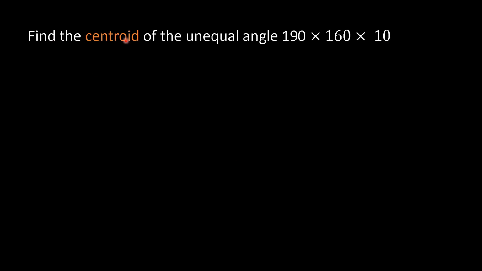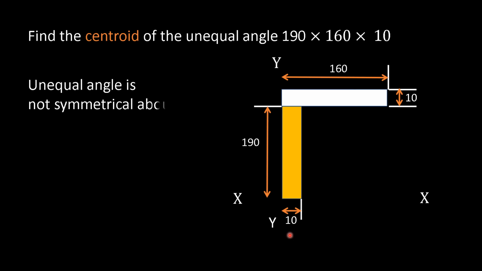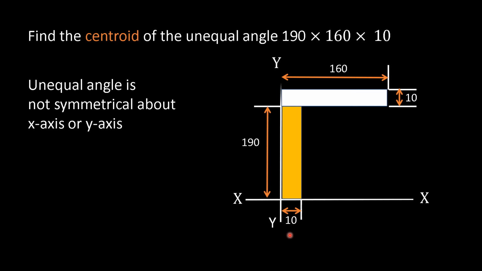Find the centroid of the unequal angle 190 by 160 by 10 millimeters. So this is the unequal angle with dimensions 190, 160 and 10 mm. Unequal angle is not symmetrical about x-axis or y-axis.